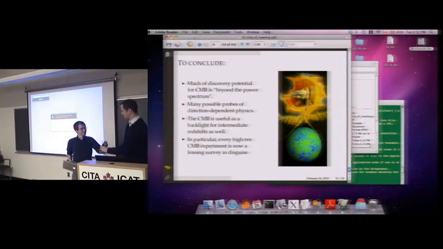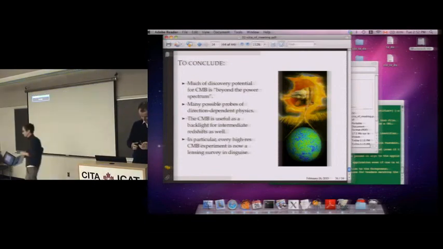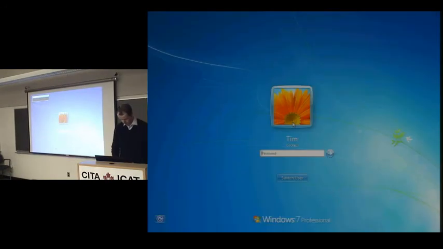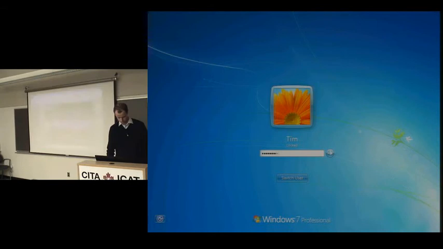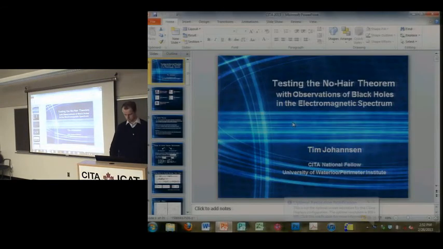He did his PhD at the University of Arizona, and he is now a CITA National Fellow at the University of Waterloo, and he's also a postdoctoral fellow at the Broad Institute. His research interests include black holes, gravitation, and relativistic astrophysics. Wait for him to say, and we can begin.